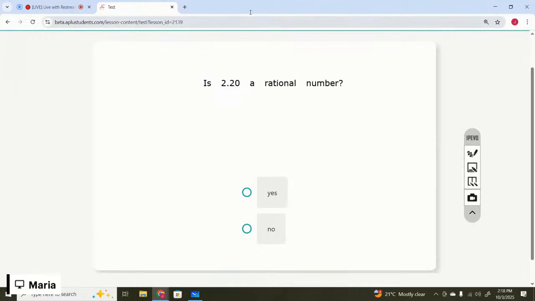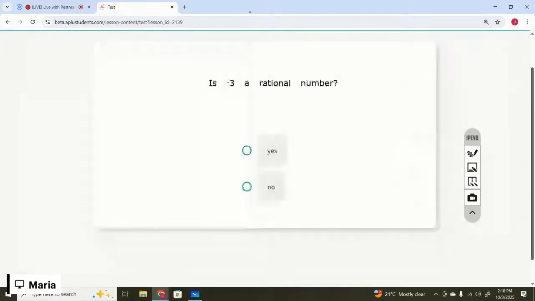Is 2.20 a rational number? Yes, it is a rational number. We can write it in the form a by b.